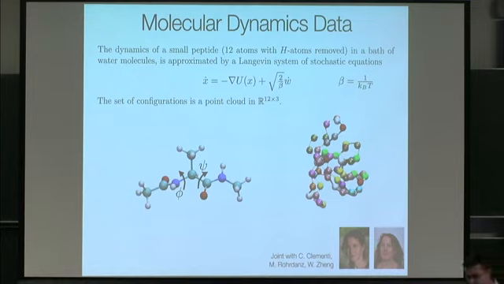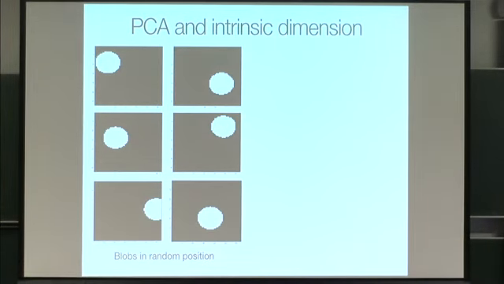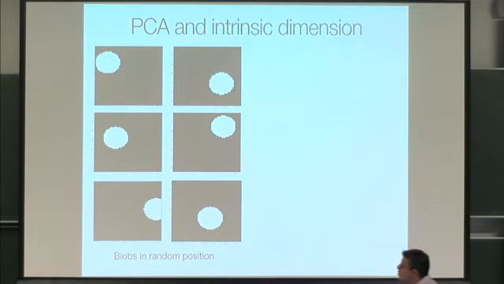And to me, one of the simplest examples where PCA does not do a good job is the following. I have a data set which is just made of black and white pictures of white circles on a black background. Each of these pictures has about 4,000 pixels, it's 64 by 64. And here are some of my data points. The radius of a circle is fixed, so the only thing that is varying is the center of the circle.